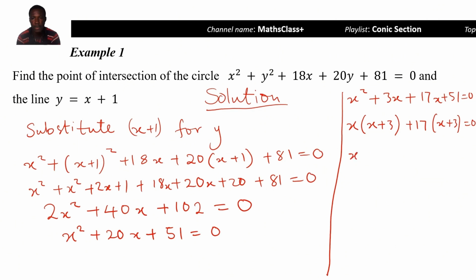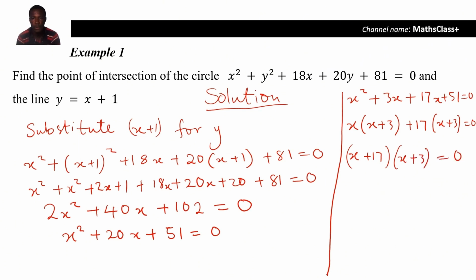So I have x plus 17 and then x plus 3 equals 0. So my x is equal to negative 17 and x is also equal to negative 3.